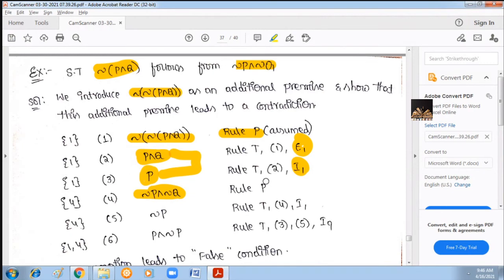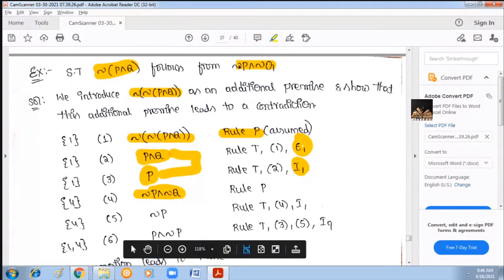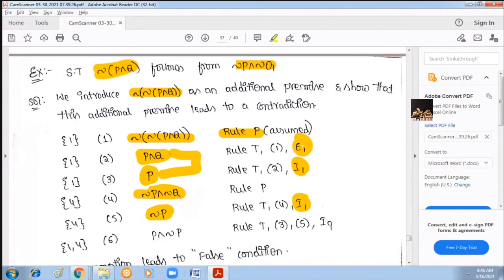Keep this aside. What you have to prove? You have to prove that you will get a false answer. That is our target, right? Now take one more premise. From the second premise also, by applying the same implication I1, you can imply negation P. Am I clear, ma? Right?